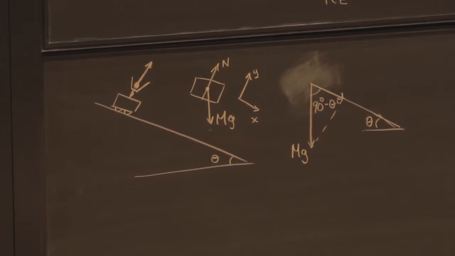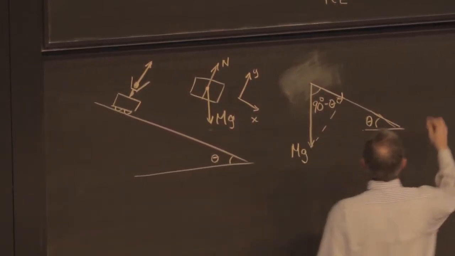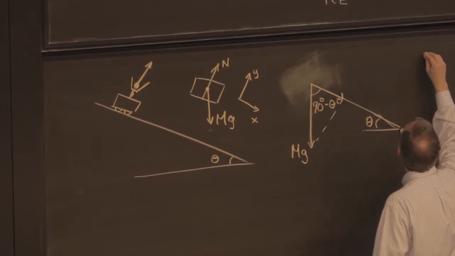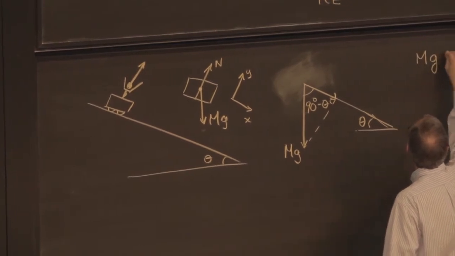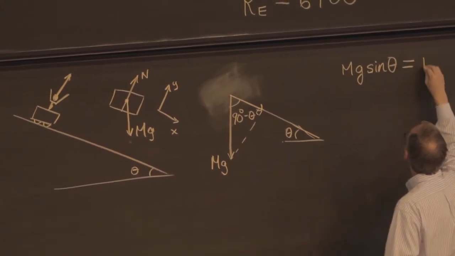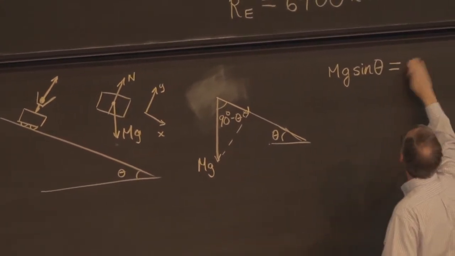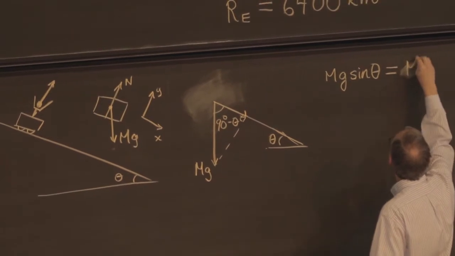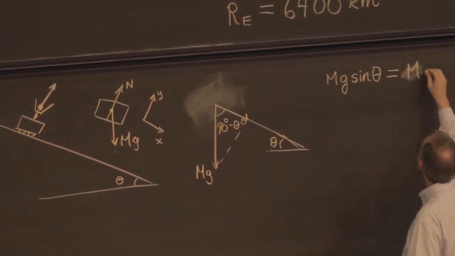The cosine of 90 minus theta, equivalently the sine of theta. So I would have mg sine theta is equal to mass of the cart is capital M, acceleration in the x direction.